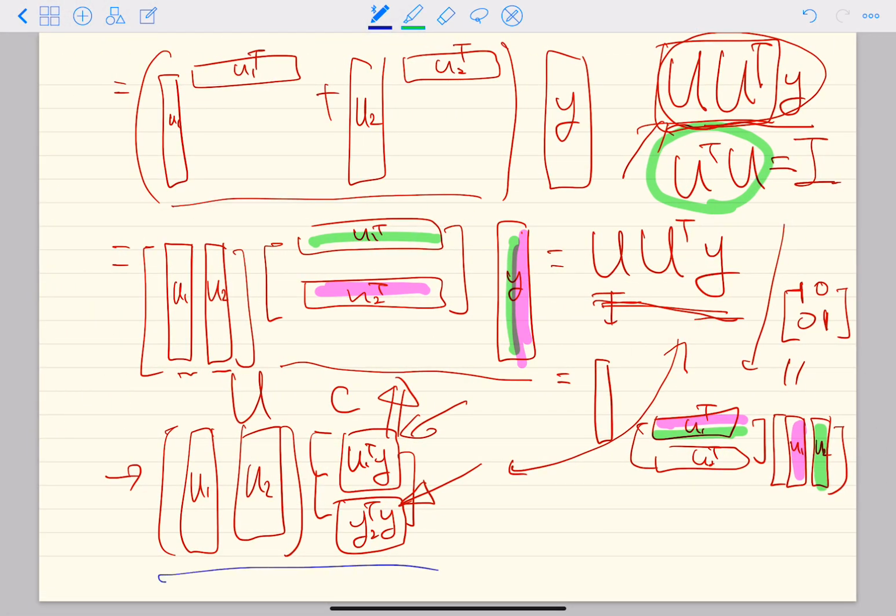Let's think of it from this perspective. We have maybe v1 and v2 that are orthogonal to each other, but their length is not necessarily 1. And let's consider this y hat.